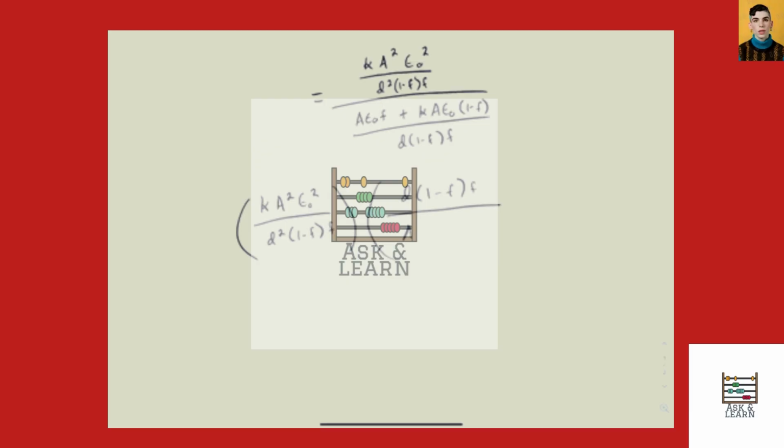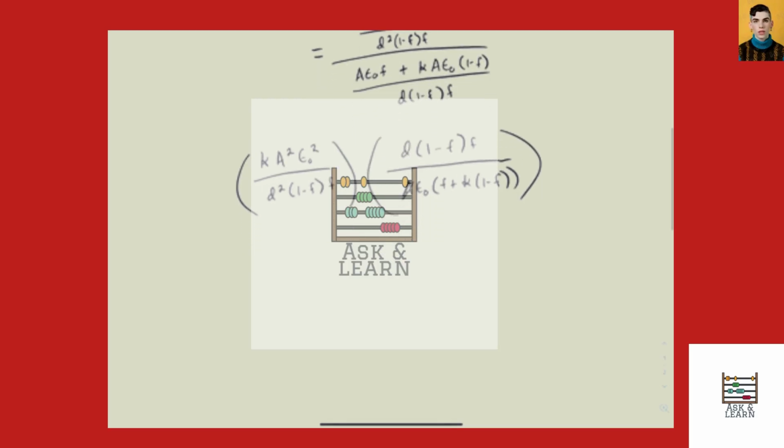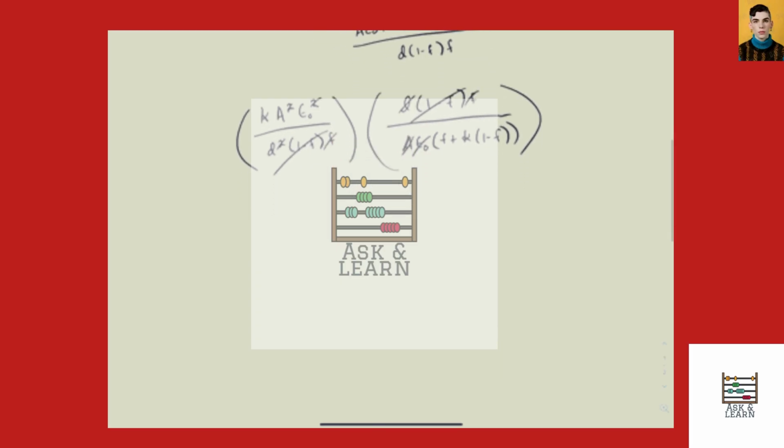We can factor out an A epsilon naught times F plus kappa times 1 minus F. Okay, now an A cancels, an epsilon naught cancels, D cancels, the F and the 1 minus F here cancel, and we're left with kappa A epsilon naught over D times F plus kappa times 1 minus F.